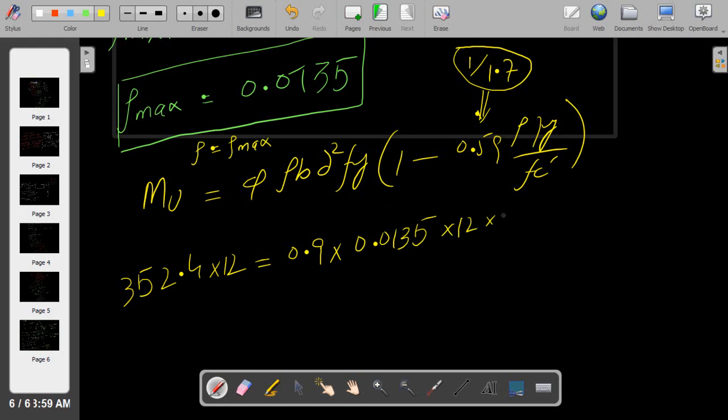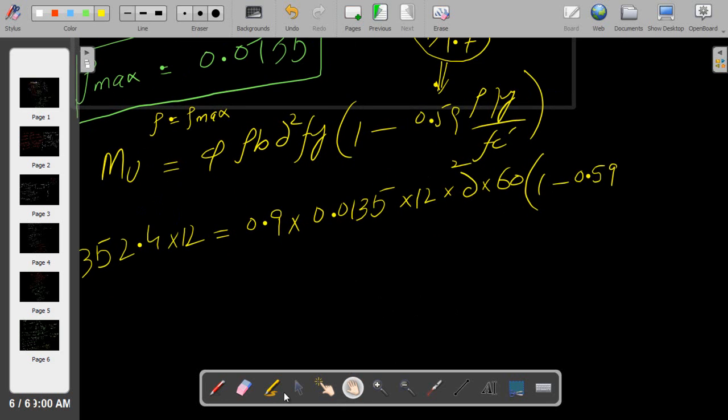The d value, that is d minimum, is what we have to find. The fy value is 60 ksi. 1 minus 0.59, and the rho value is 0.0135 times fy, that is 60 ksi, divided by fc prime, that is 3 ksi.